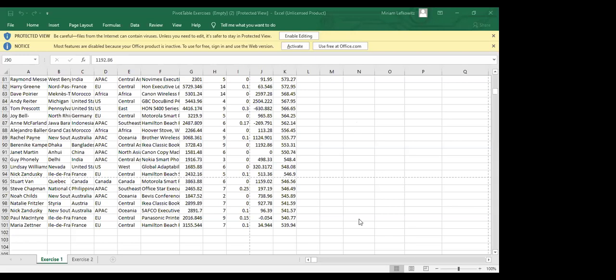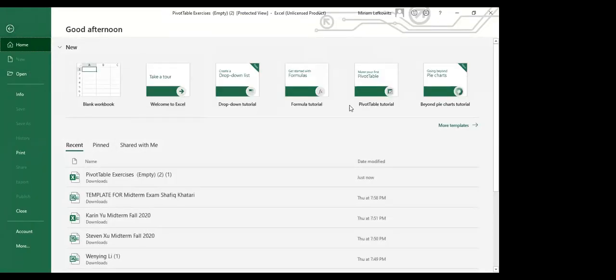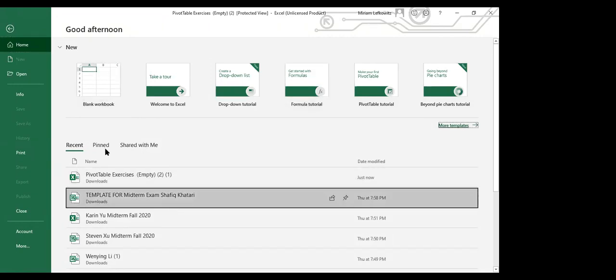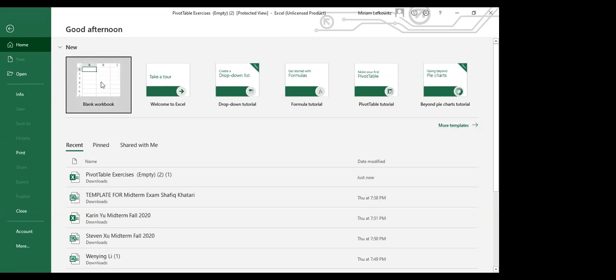Okay, so in petty cash, I'm going into Excel. I'll show you the example. I'm not sure I have a template for that. Okay, it freezes on me.